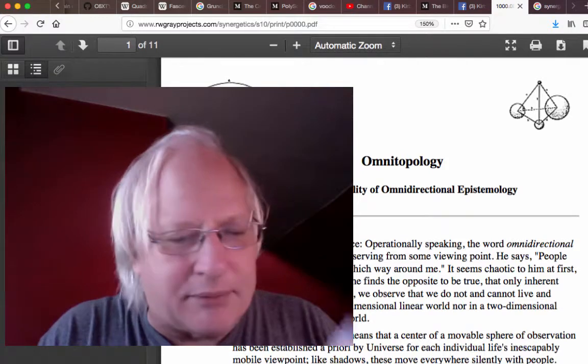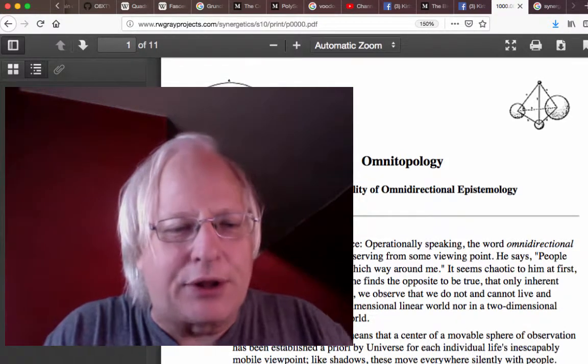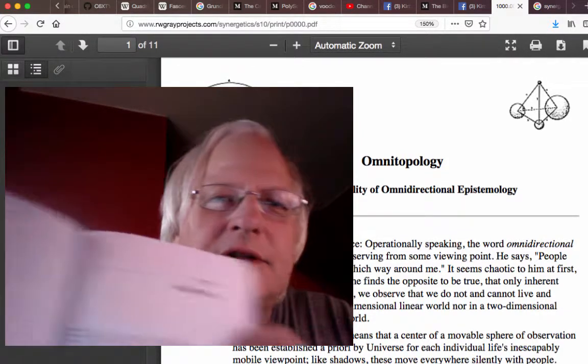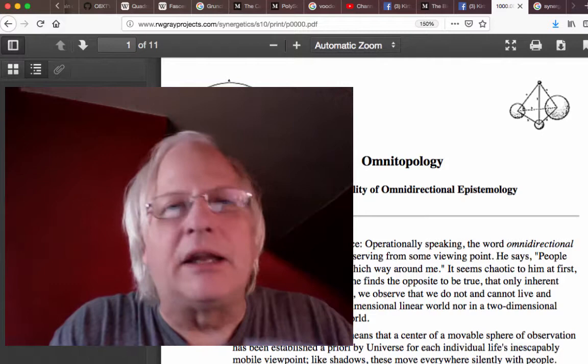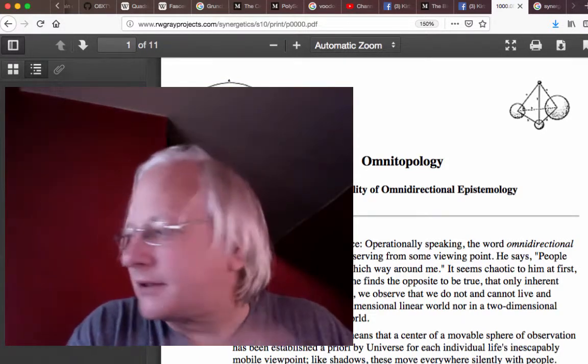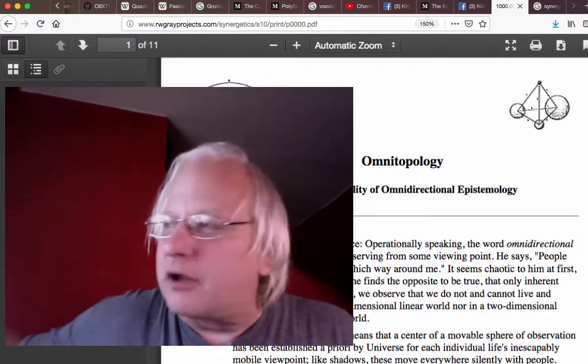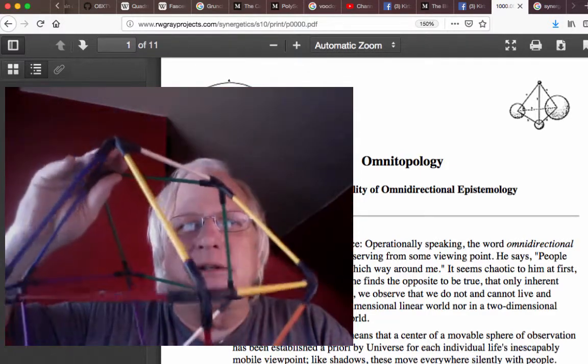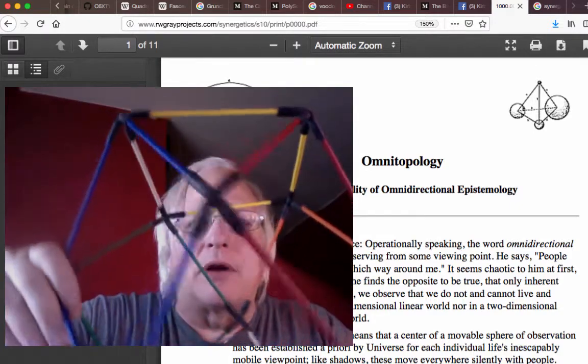It starts out with graph theory, which I highly encourage you to start studying early and link up to polyhedrons, because polyhedrons, being wireframes, are themselves what we call graphs. In other words, they have nodes and edges. That's the vocabulary you want to pick up.